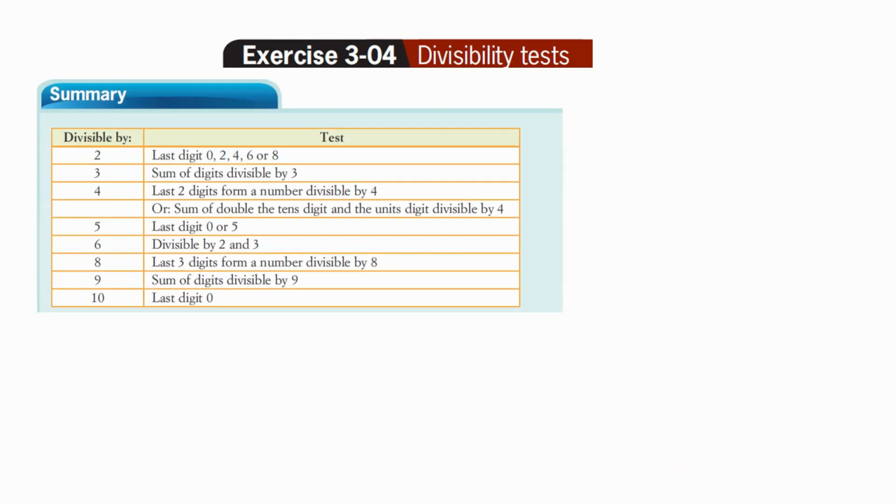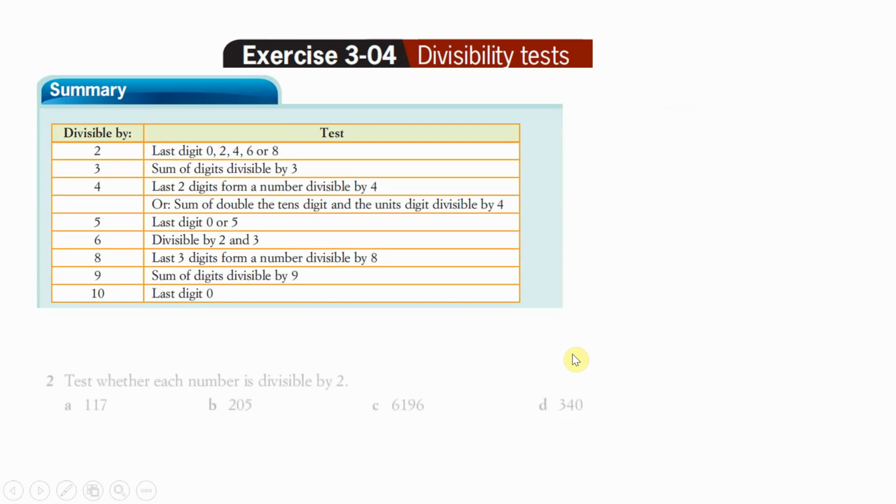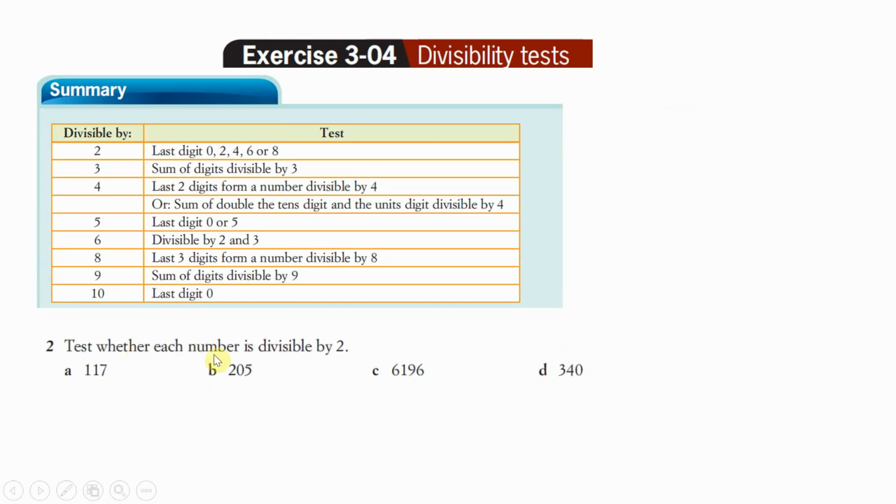Next one is our tests again, just to keep a check. Test whether each number is divisible by 2. Looking up here, for divisible by 2, all we have to do is look at the last digit of the number and see whether it's 0, 2, 4, 6 or 8. I've chosen the last example, question 2 part D, 340.